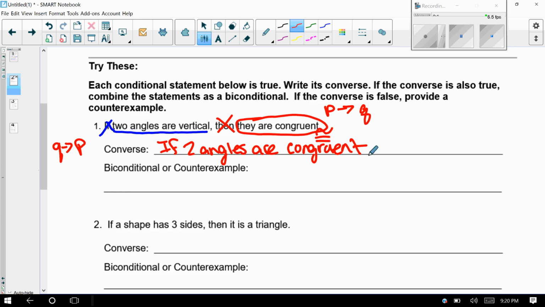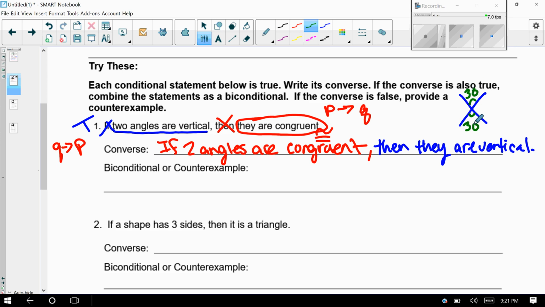So if two angles are congruent, comma, then they are vertical. Well, my conditional statement was true, but my converse is not always true, right? So not all angles that are congruent have to be vertical. All vertical angles do have to be equal. They're congruent. If the top one is 30, then the bottom one is 30.